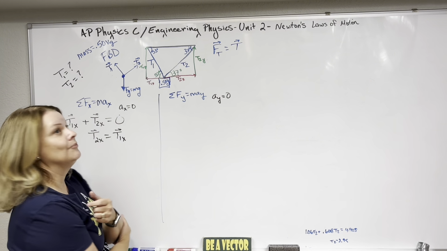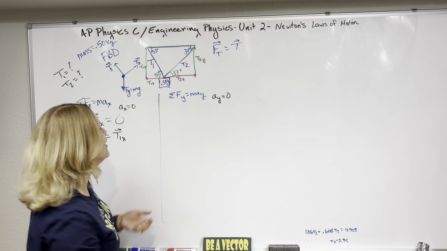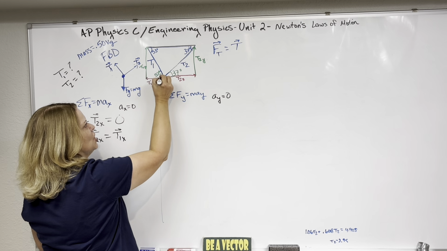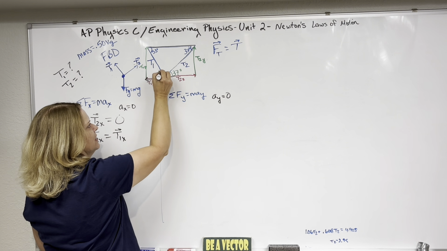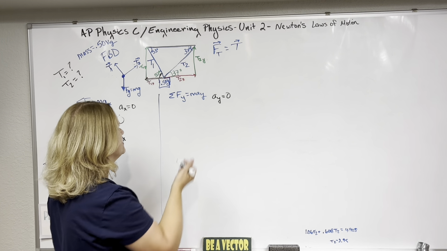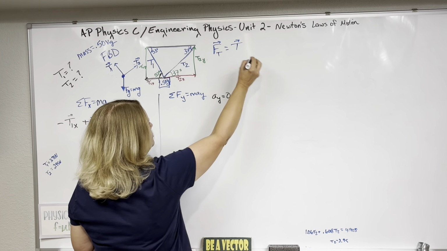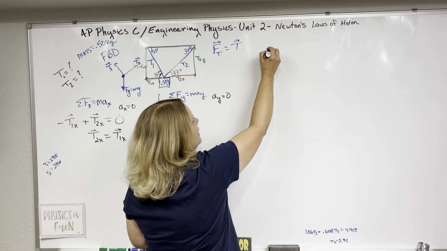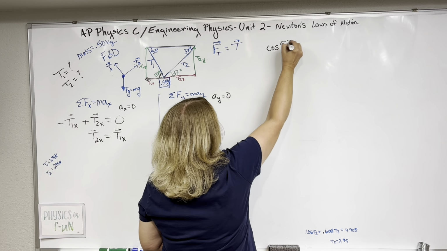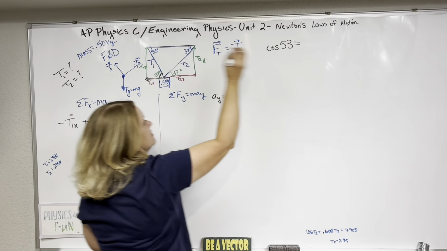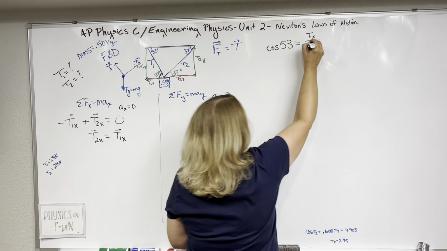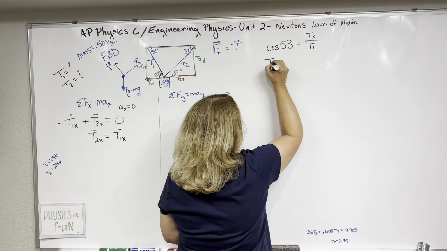How can I do that? Well, with SOHCAHTOA, our best friend. This tension 1 in the x is adjacent to this angle. It's adjacent, so cosine is adjacent over hypotenuse, right? SOHCAHTOA. So I'm going to do that over here so you can see it: cosine 53 equals my adjacent side, which is tension 1 in the x, over my total tension, that hypotenuse.